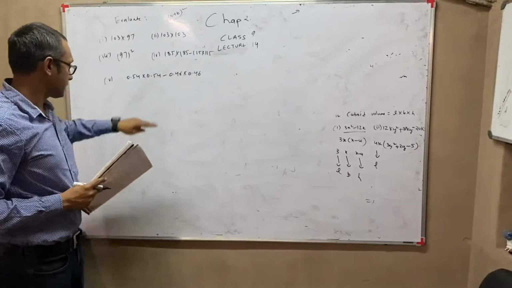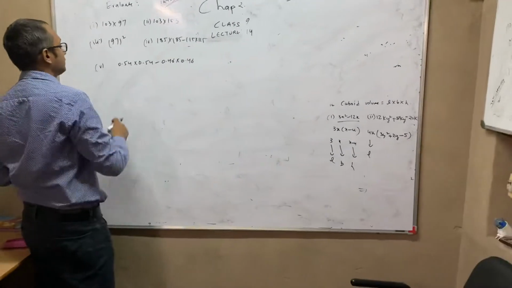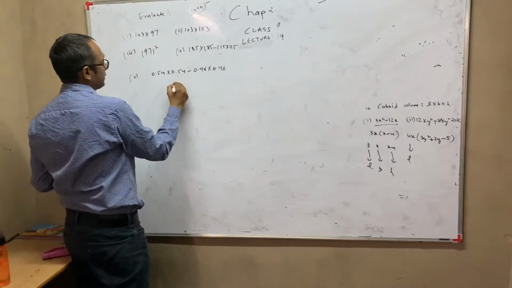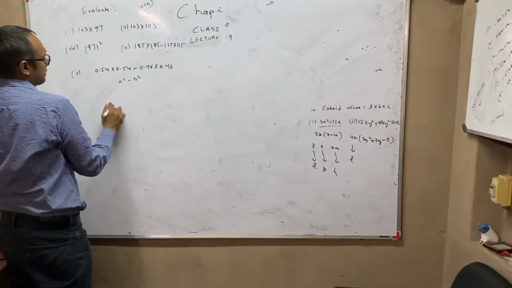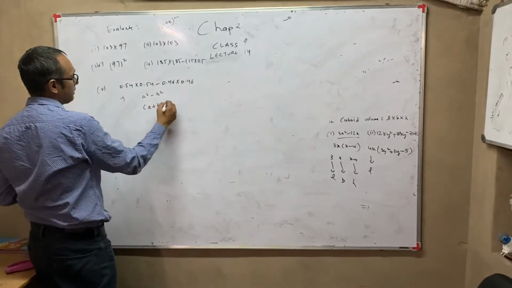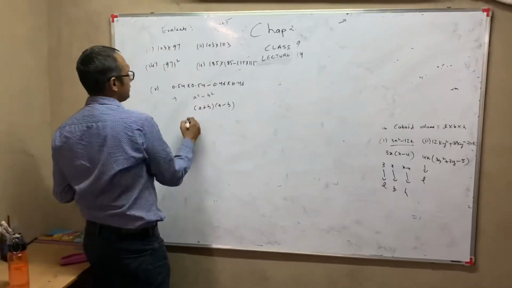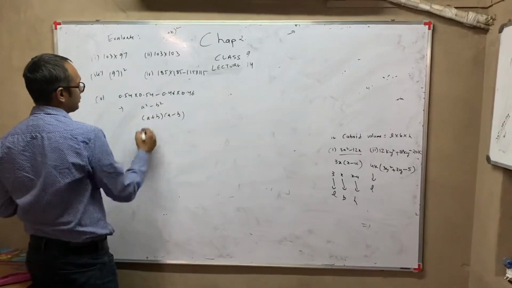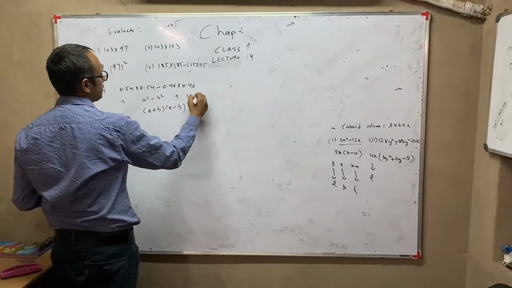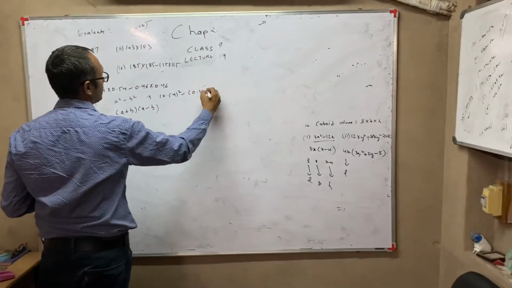These two sums are the same, the fourth and the fifth. Fifth I am doing, and then you will get the hint of this also. If you see the fifth sum, it is like a square minus b square. Now what is a square minus b square? a plus b into a minus b. Here this is 0.54 square minus 0.46 square.